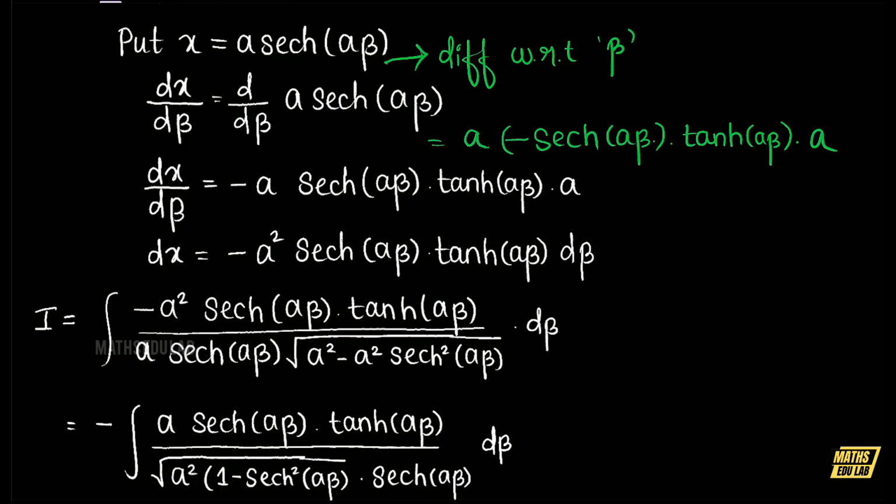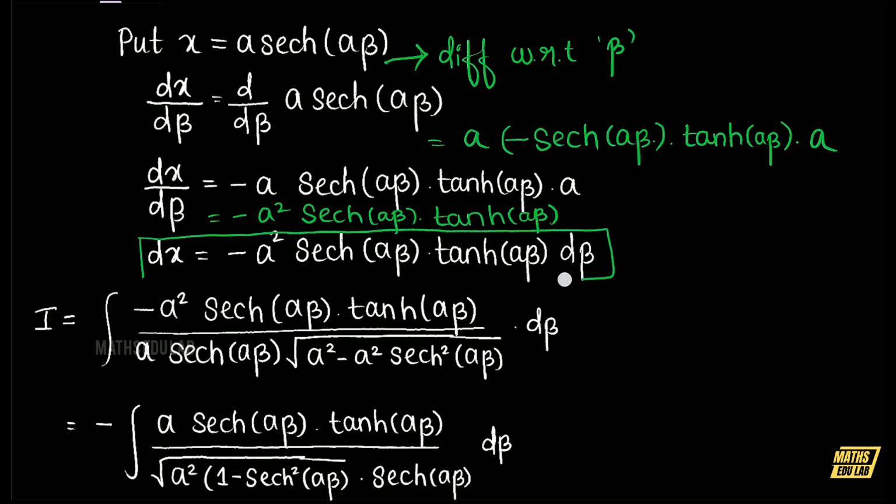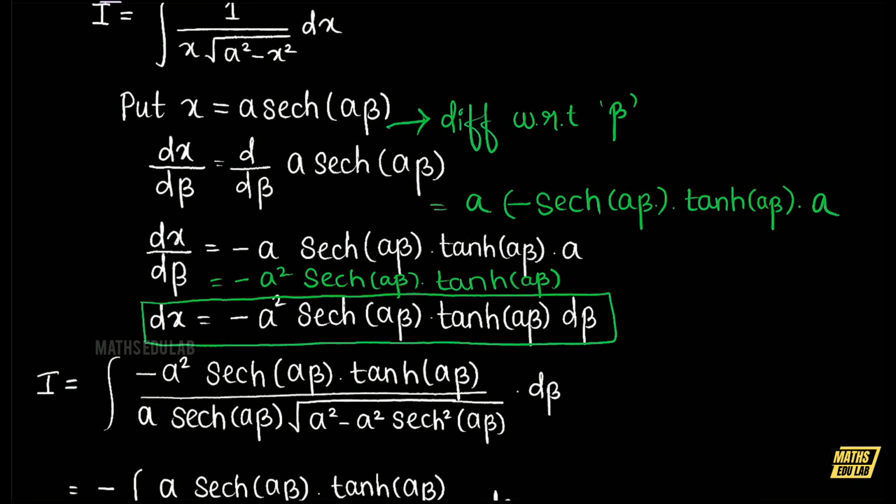On arranging this, it is equal to minus a square sec hyperbolic beta into tan hyperbolic beta. So we got the dx value as minus a square sec hyperbolic beta into tan hyperbolic beta into d beta. Now we have to substitute these values.